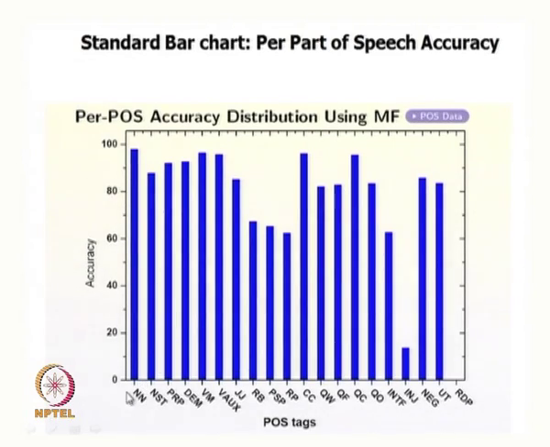Now, we find that for noun the accuracy is close to 100. So, this tagger is doing well for noun, which is a very frequently occurring category in any text. NST is the noun of space and time, which is words like ke baad, ke upar, ke niche, and so on.